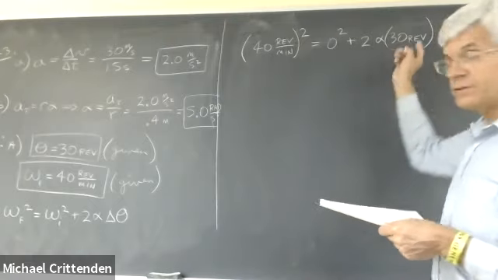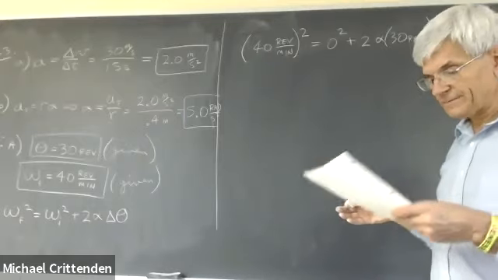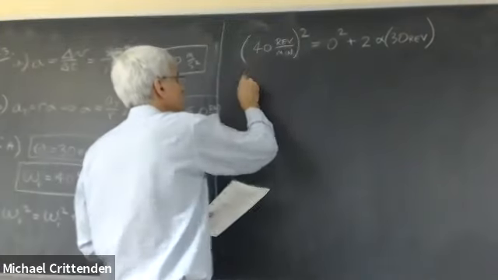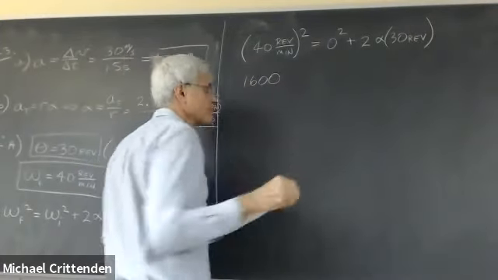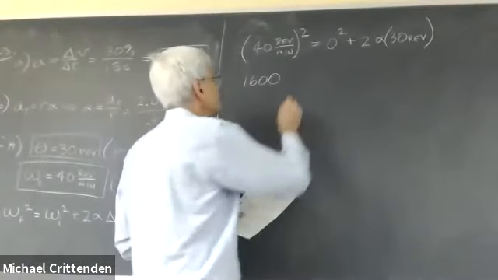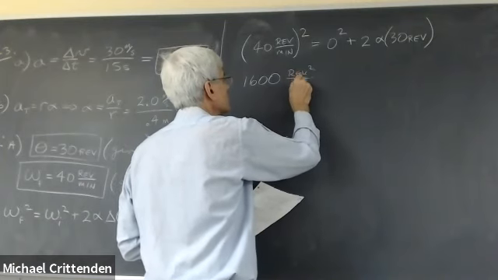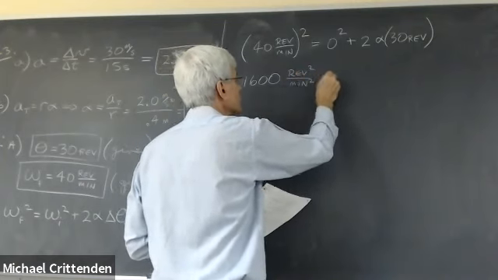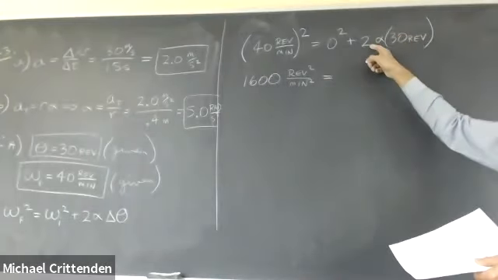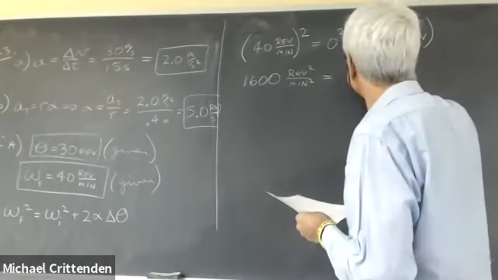Revolutions here, revolutions there. I'm being consistent with myself. That's all that matters. 40 squared is 1600. The units get squared along with the number. Over here, revolutions times a dimensionless number gives you something in revolutions.